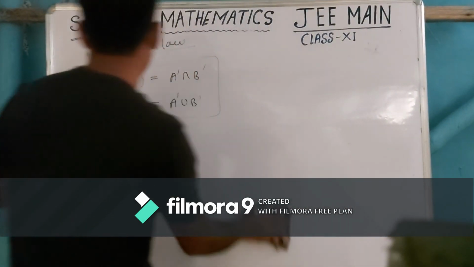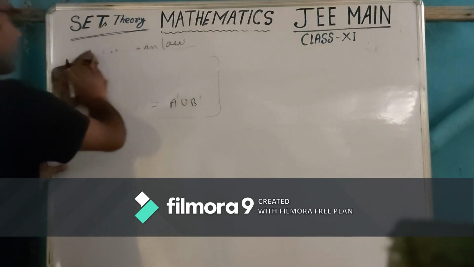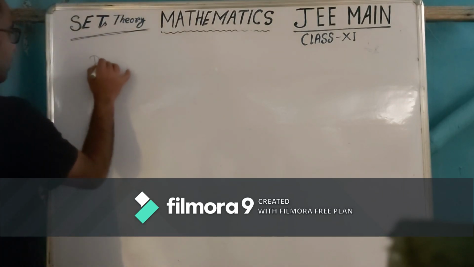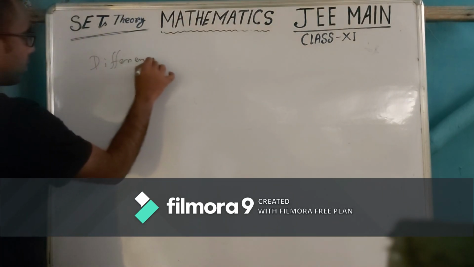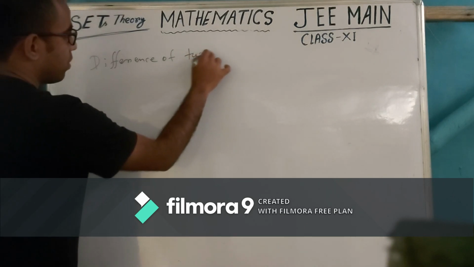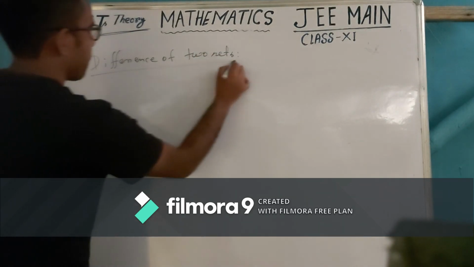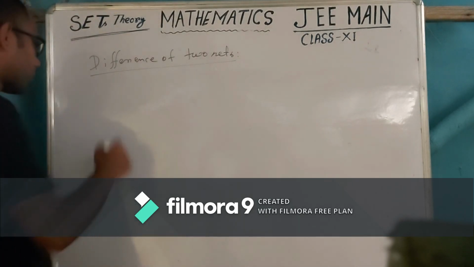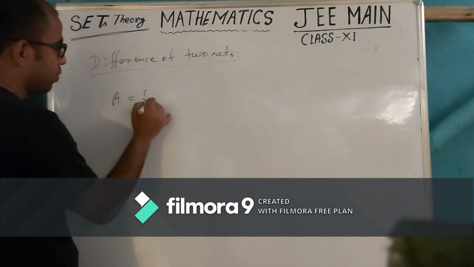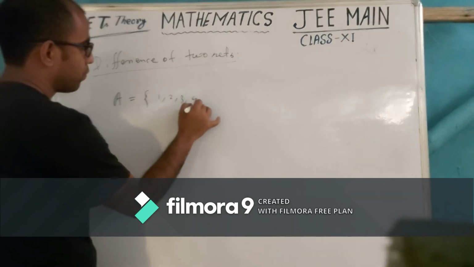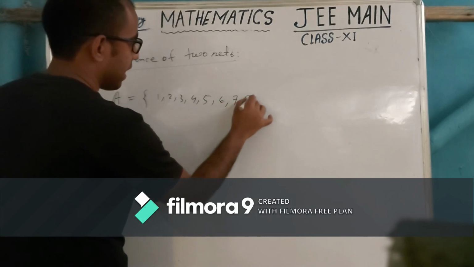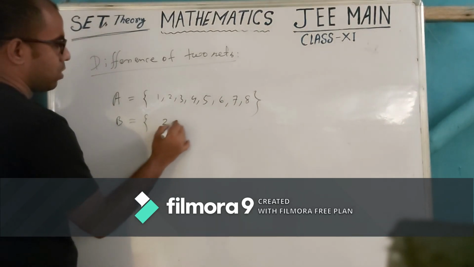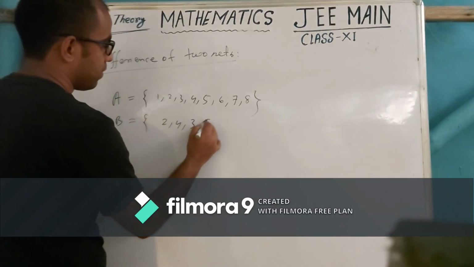Next, difference of two sets. We consider a set A equal to {1, 2, 3, 4, 5, 6, 7, 8}, and we consider another set B equal to {2, 4, 3, 5}.